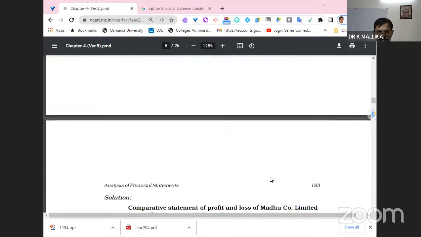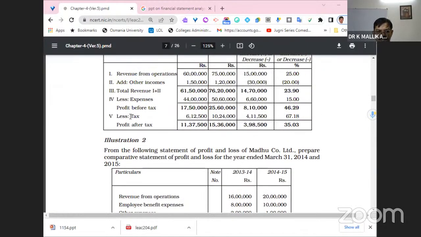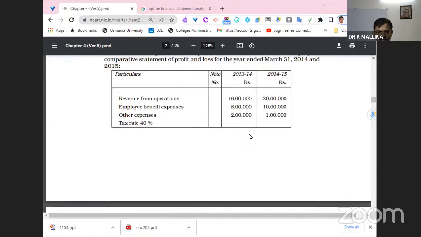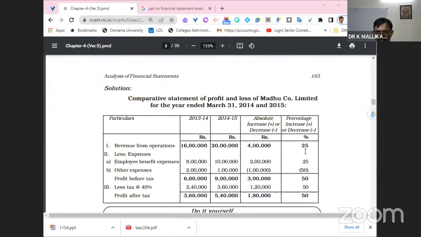Tax is 40% on profit before tax, after expenses. See here, sales are increased by 25%, but profit increased by 50%.